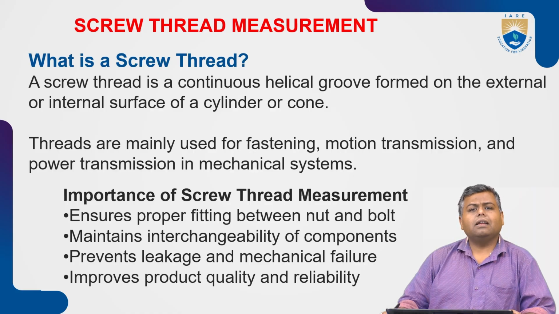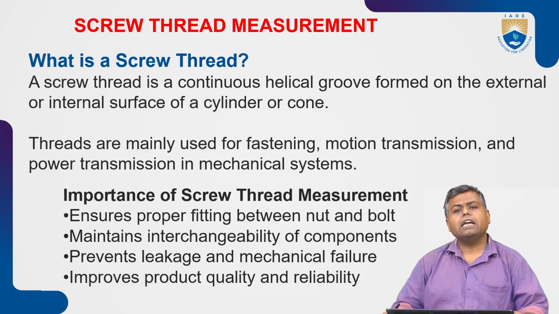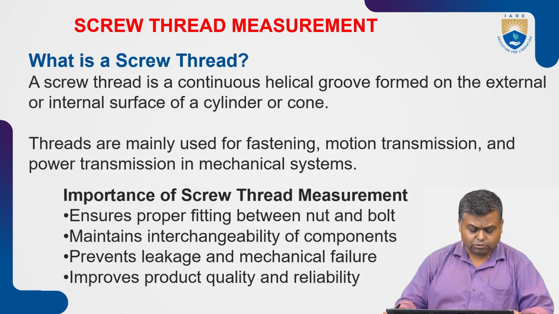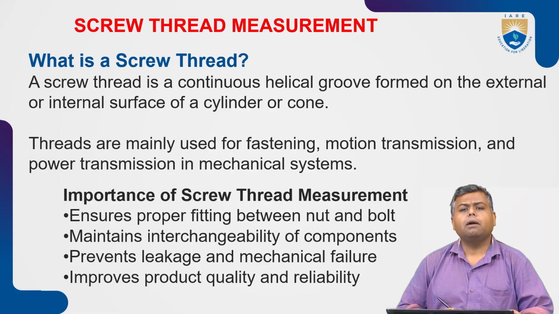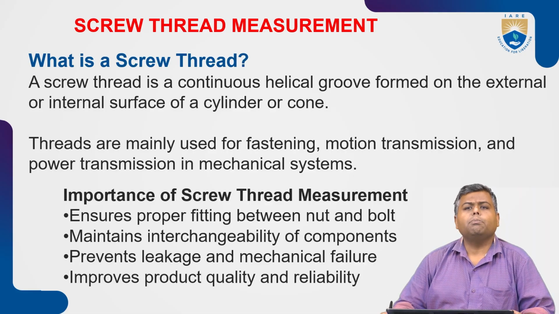So what is the importance of the screw thread? We ensure proper fitting between nut and bolt, maintain interchangeability of the components, prevent leakage and mechanical failure, and improve the quality and reliability of a product. Screw thread is one of the major temporary joints.